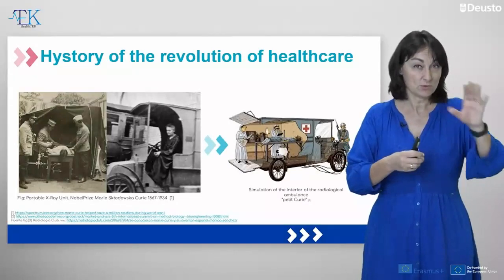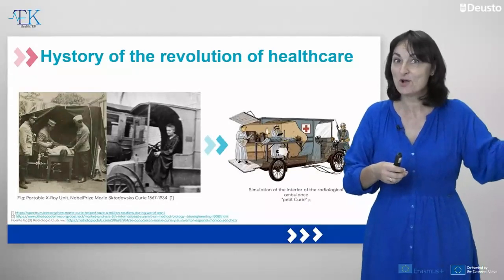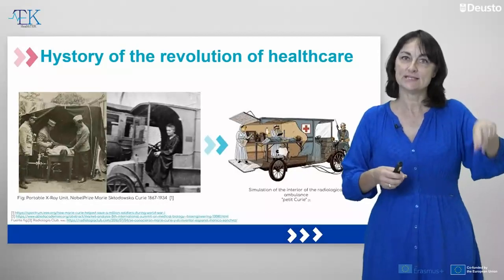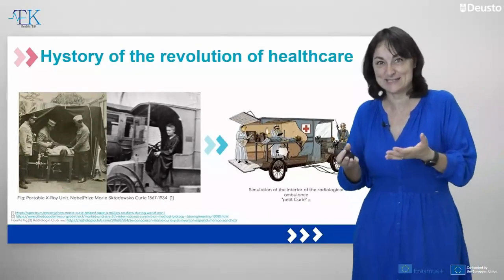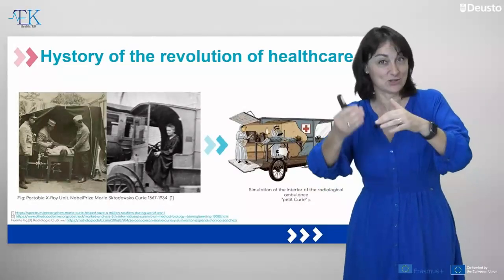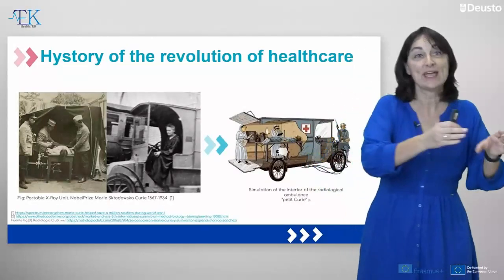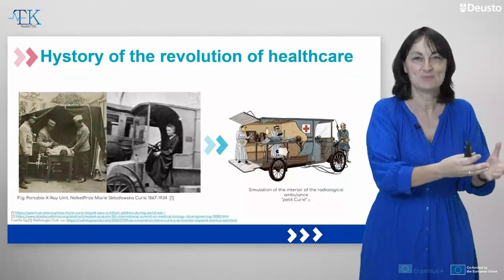So, look at that age. It was a long time ago, but this is an example of what biomedical engineering is. So, providing a technological solution to a healthcare or well-being problem.